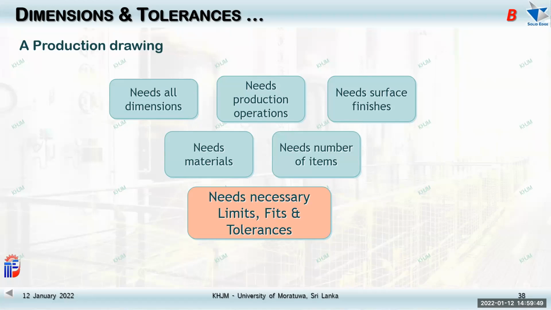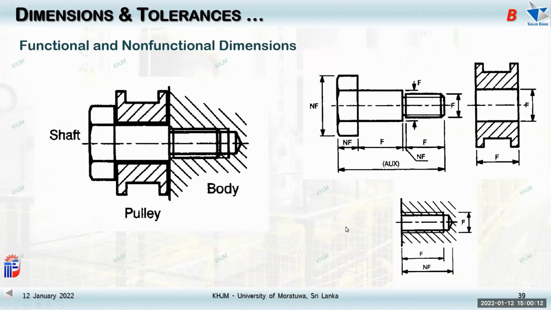All the dimensions need to be given. And then production operations, whether it is milling, facing, drilling, whatever it is, need surface finish, and to identify the exact material, maybe the trade name, number of items, and then limits, fits, and tolerances.